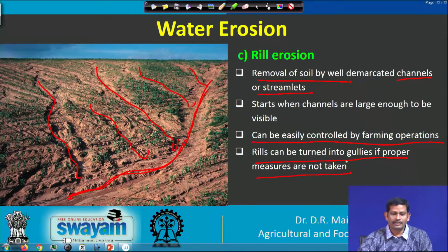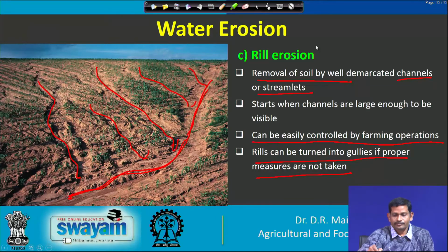This is very important. If you are not taking care of the rills, the advanced stage of rills is the gullies. Gullies carry a large amount of sediments, and they are deeper and wider. We are going to see how gullies form in the following lectures.